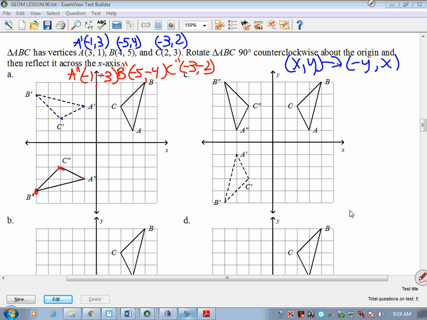So the two mapping notations that we're using there are, we're using this for rotation, we're going to use this for reflection across the x-axis. Now, if you wanted to skip the in-between, you could go ahead and apply both of those off the beginning. So without having to even draw the picture, you know where you would wind up at.